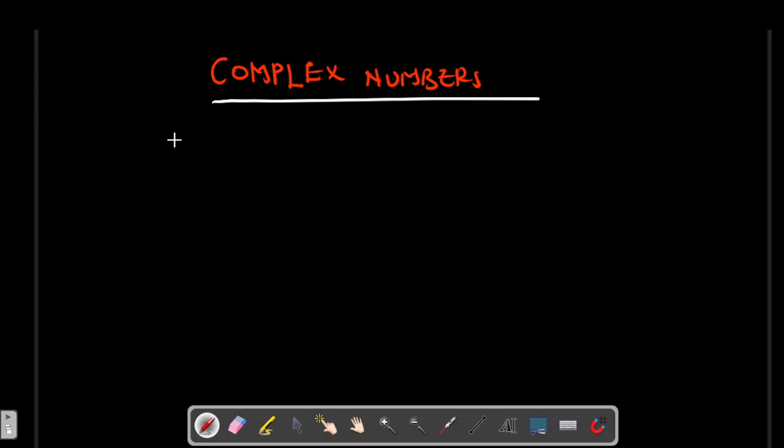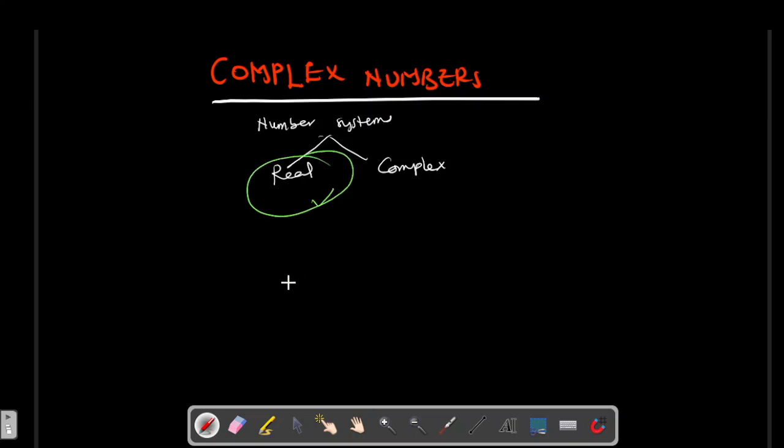Okay, so why complex numbers? In our first video, I made mention that number systems are divided into two. So when you take number systems, it has two main branches. So it's either real or it's complex. And we've captured the real number systems thoroughly.